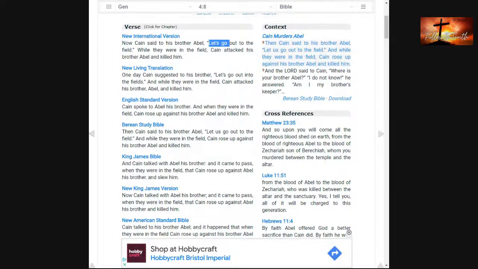Now, if you have a look at the NIV, it says, "Let's go out to the field." This wording, "let's go out to the field," is added in some Bibles, in some manuscripts, whereas the KJV doesn't read that. So there is a difference between readings. What it's offering here is a reason that Cain and Abel were in the field.